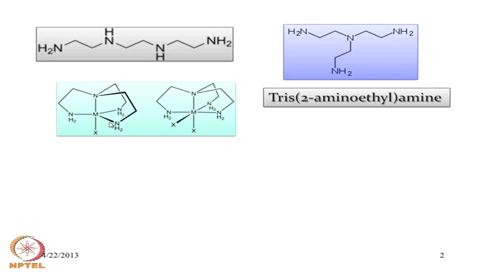The bonding properties of these 3 NH2 groups are of the same type, and they attach directly to the metal center, say copper 2 plus, and remain in a single plane.